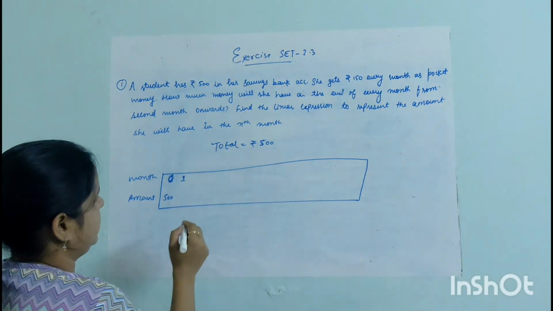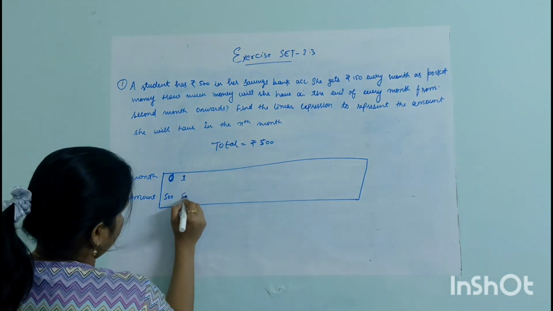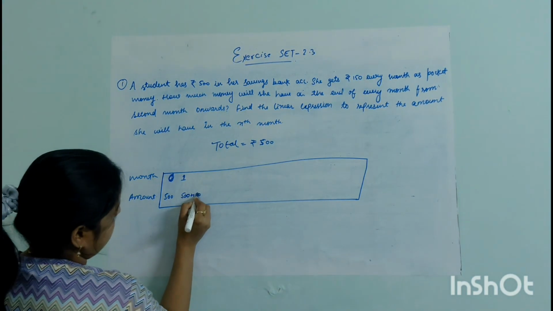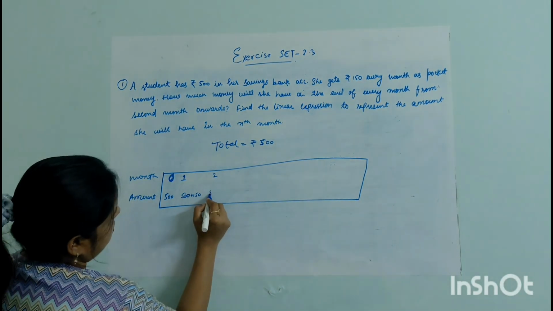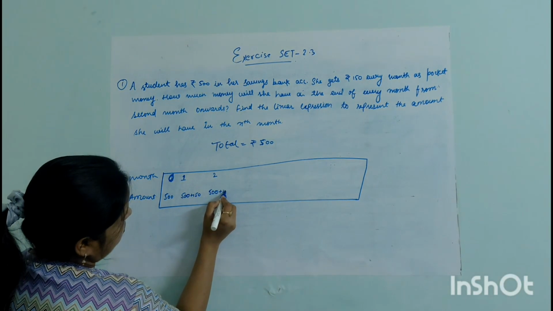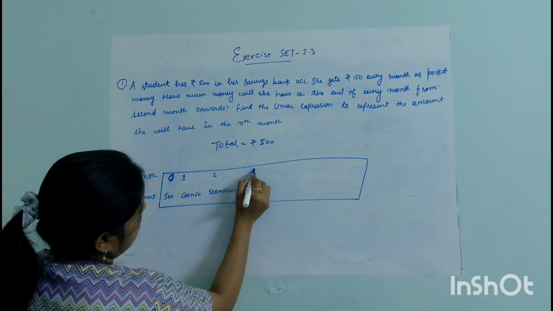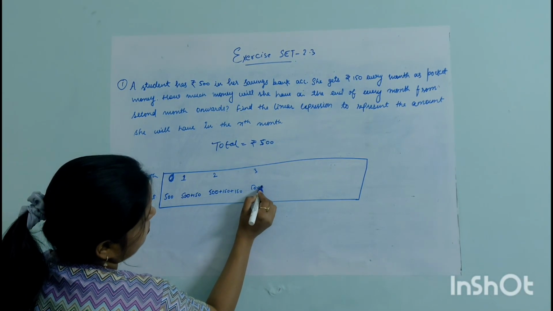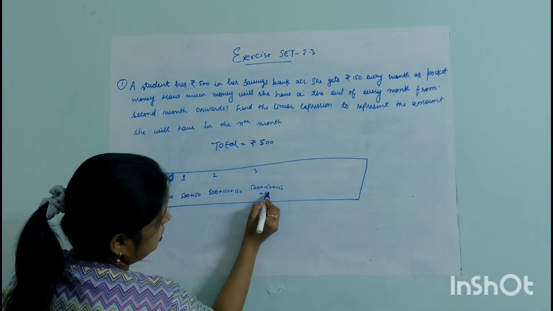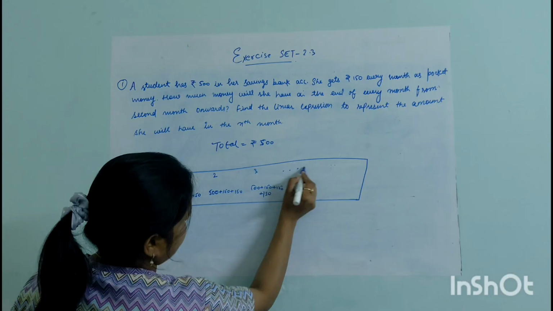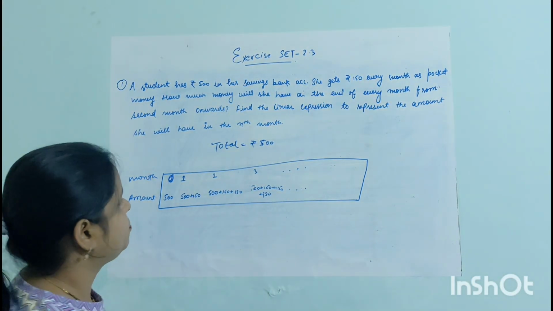When she first gets 150 rupees, how much will it be? 500 plus 150, correct? Then on second month, 500 plus 150 plus 150. On third month, 500 plus 150 plus 150 plus 150. Is it correct? 150 will be added to this initial amount.